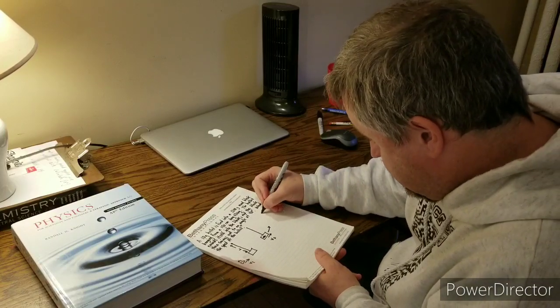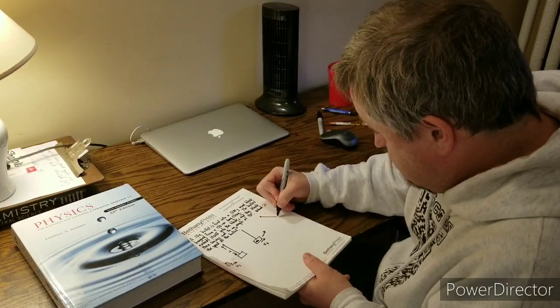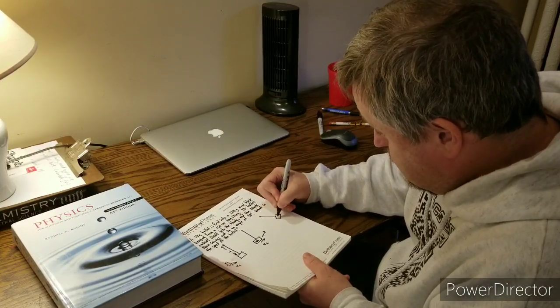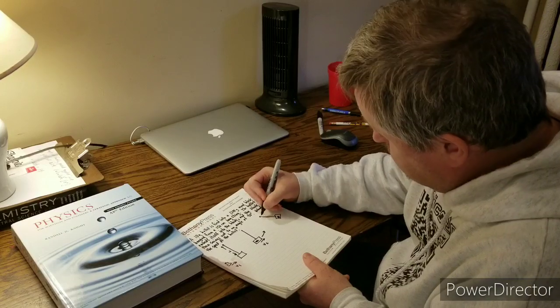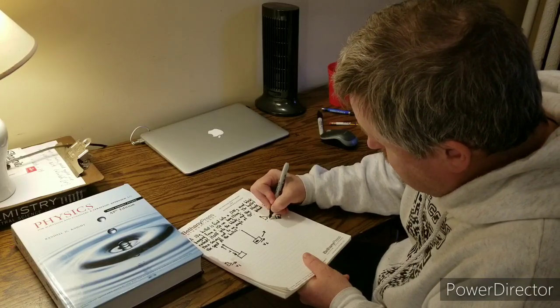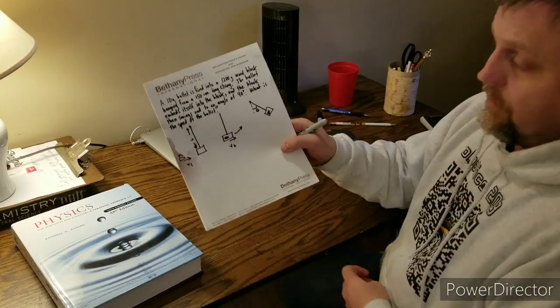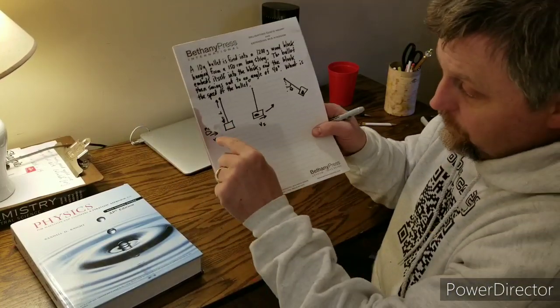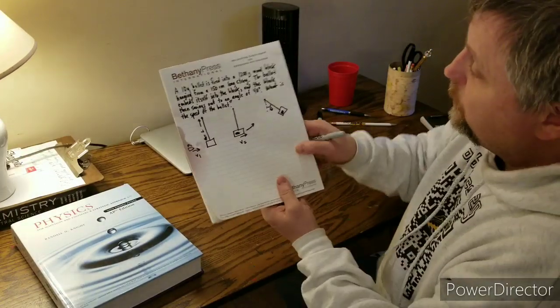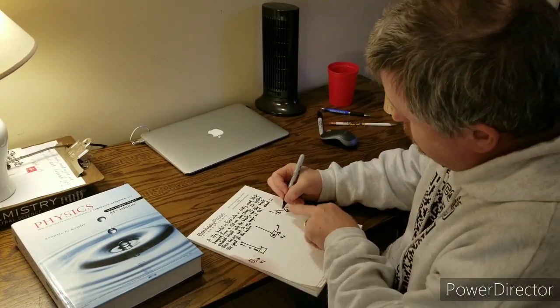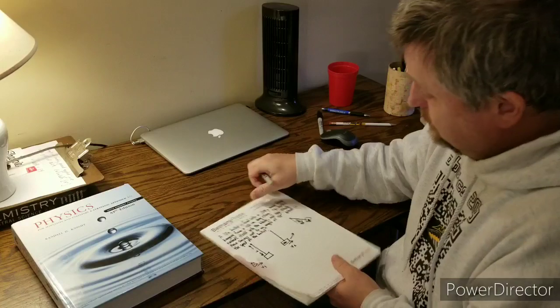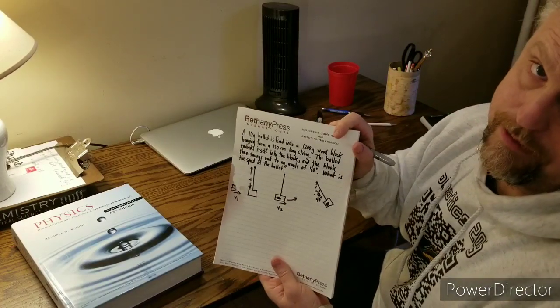We are going to have a third situation where the block and the bullet swing up at an angle of 40 degrees. So we need to figure out what the velocity of the bullet is. What we know is the angle of the string is 40 degrees. How do we do that?